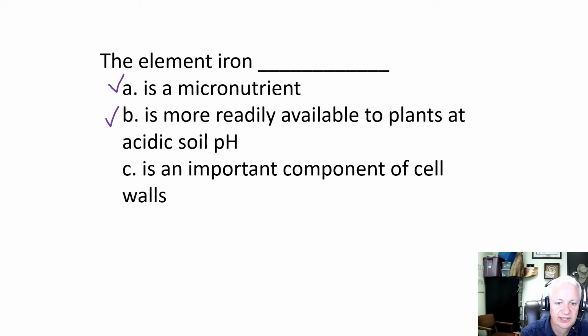Is it an important component of cell walls? No. That's calcium. Calcium is an important component of cell walls. Now, both iron and calcium are immobile, but iron is for other reasons. So iron is a micronutrient that's more readily available at acidic soil pH.